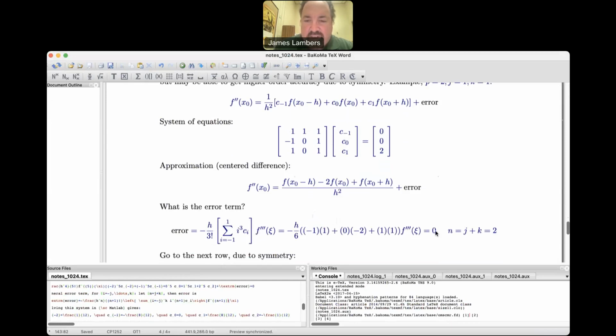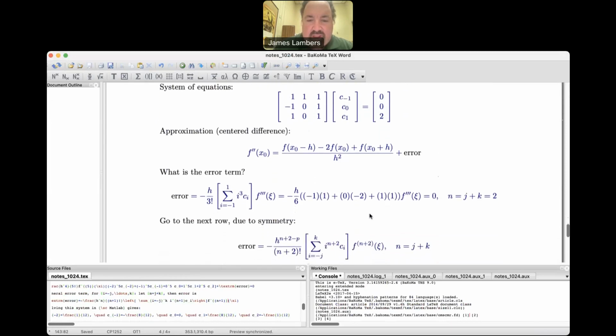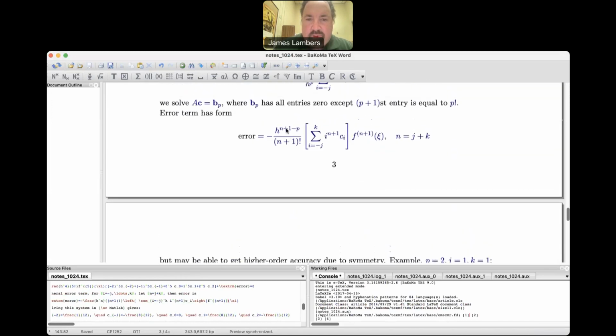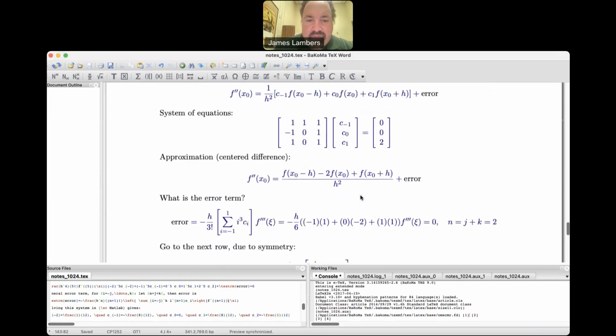If it works out to be 0, then this is a case where we're getting higher order accuracy due to symmetry in the points. So the formula is tweaked. Everywhere in this formula where you had n, it gets replaced with n plus 1. So in other words, throughout we have n plus 1, that now becomes n plus 2.